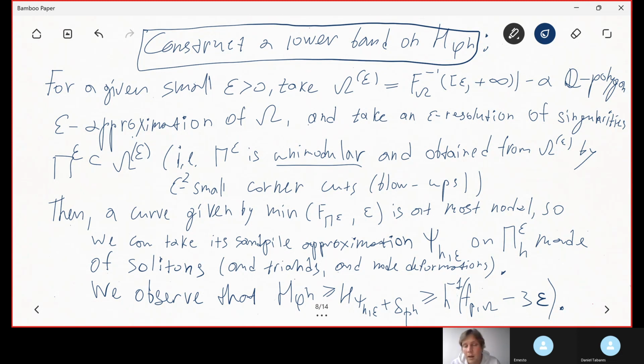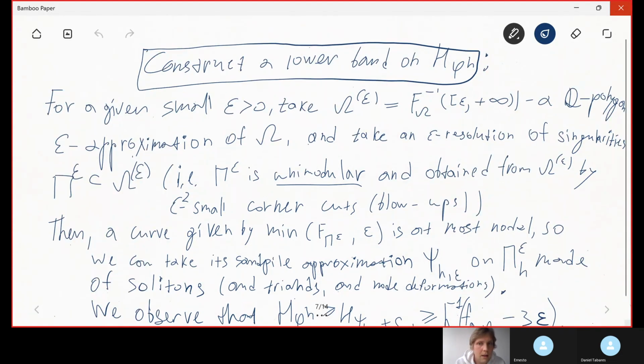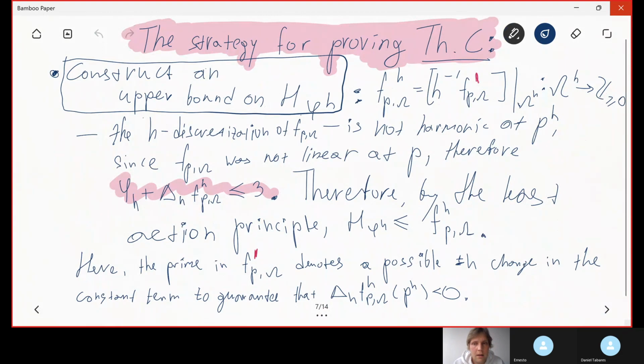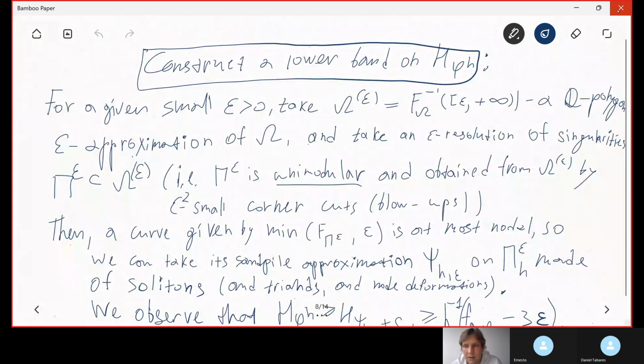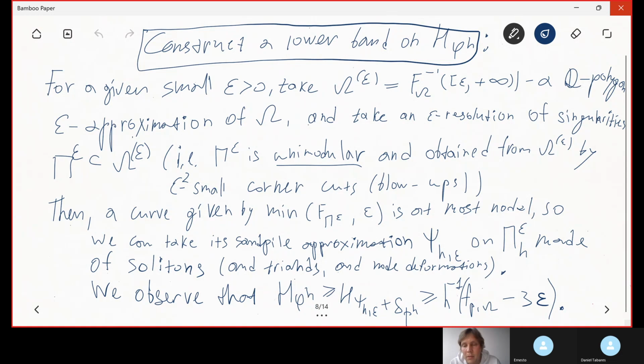And then there will be another part when we prove the actual lower bound, which is almost the same as the previous upper bound. The upper bound was essentially the same. So it was the H^-1 renormalization, rescaling of this limiting tropical series. And here we have pretty much the same, but with -3 epsilon. And this will conclude the proof.